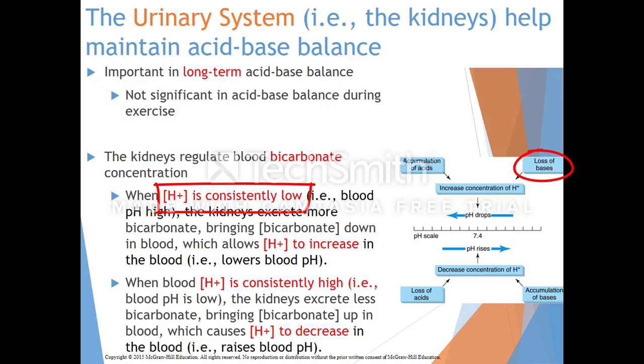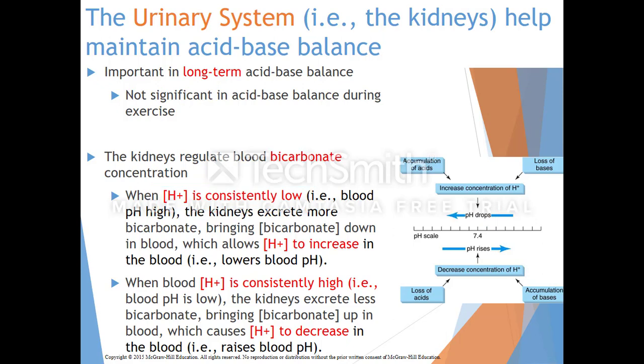By excrete more bicarbonate, we mean that the kidneys are going to put more bicarbonate into the urine, and that bicarbonate will then be removed from the body when you urinate. When you remove bicarbonate from the body, that brings bicarbonate concentrations in the blood down, and that allows hydrogen ion concentration to increase because there's not bicarbonate there to essentially neutralize the hydrogen ions anymore. So when you bring your hydrogen ion concentrations up, that lowers pH.